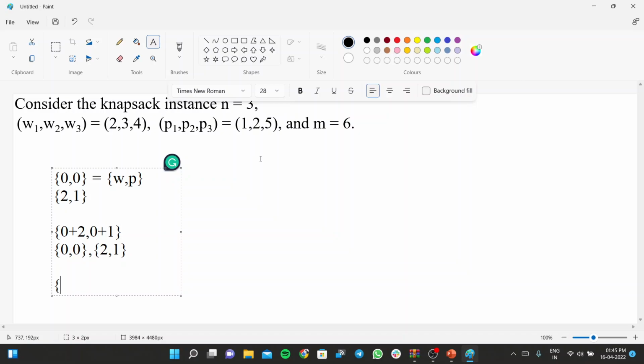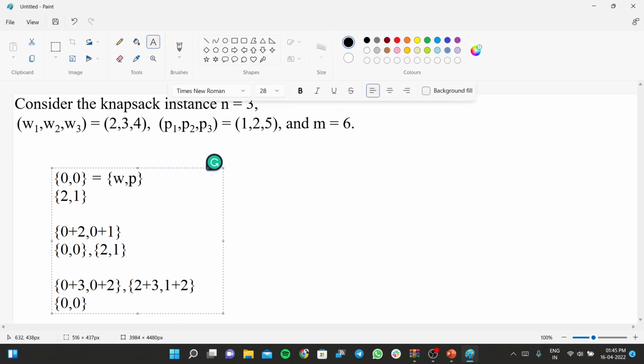So 0 plus 3 comma 0 plus 2, and again I will do this for the remaining also, like 2 plus 3 comma 1 plus 2. In this way I add for both of these.